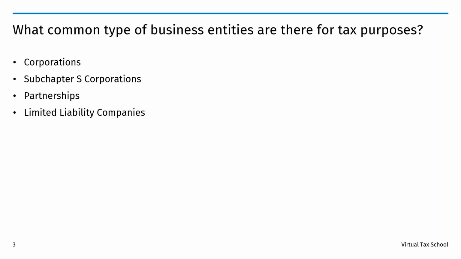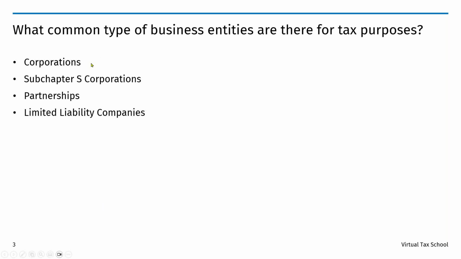And limited liability companies, LLCs, are state law creations that are neither corporations nor partnerships, but borrow traits from both. LLC owners are called members, and LLC members also have limited legal liability under state law.